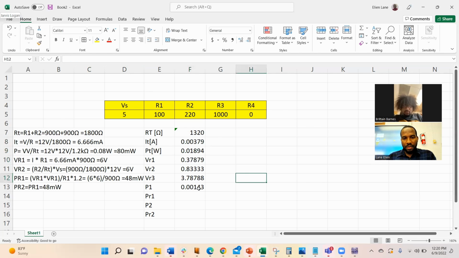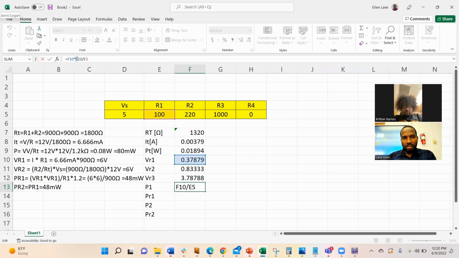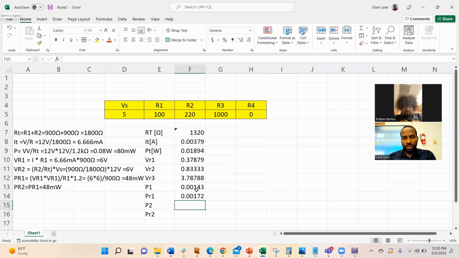So notice here, our power is going to be V squared over R. And the power rating is going to be this one times 1.2, the power times 1.2.